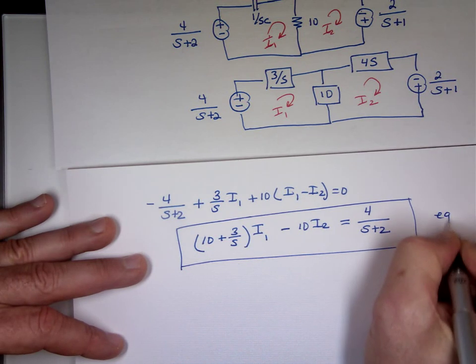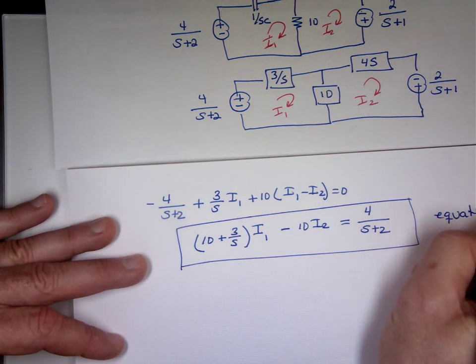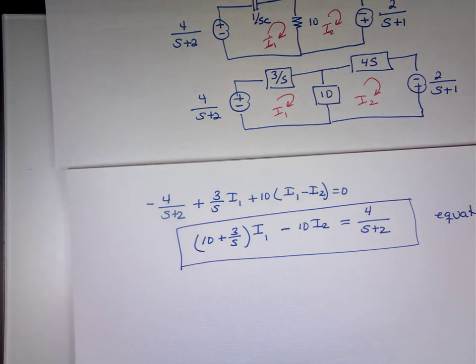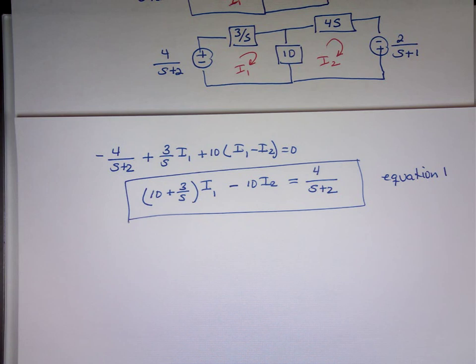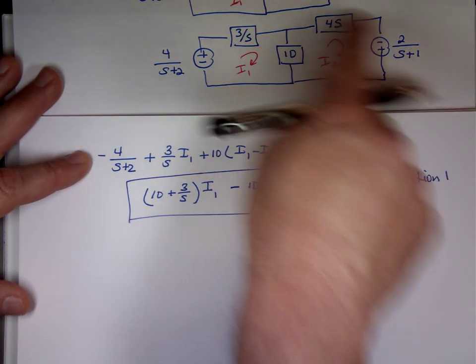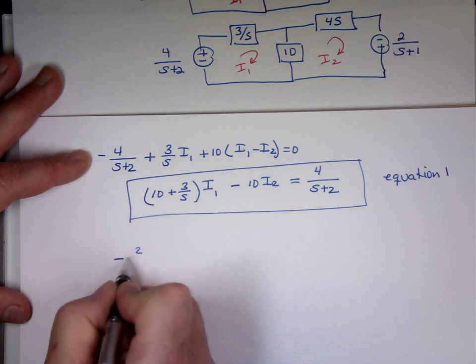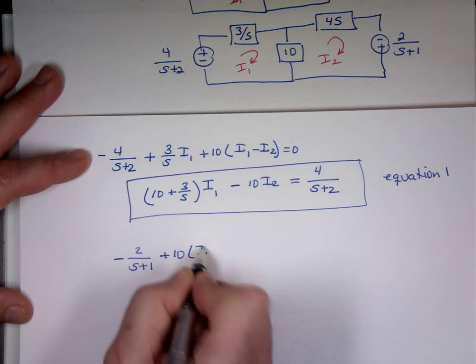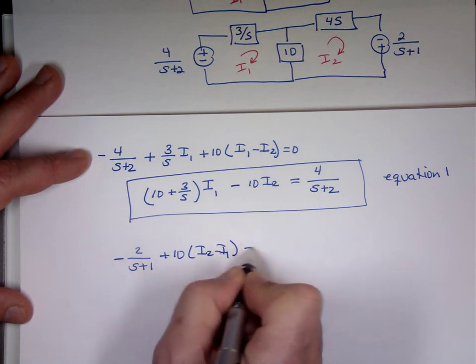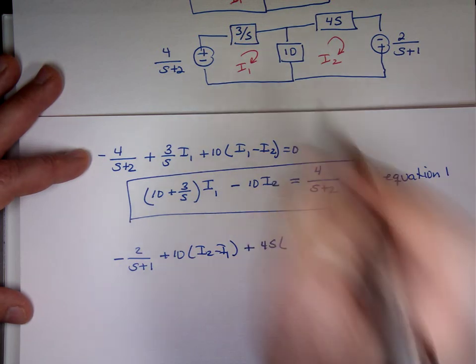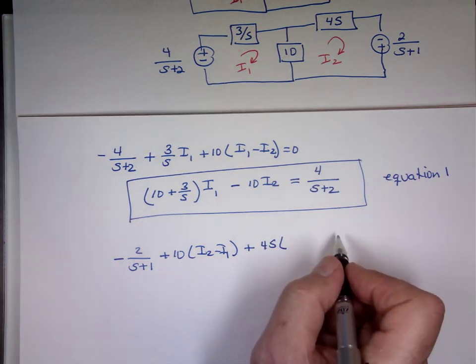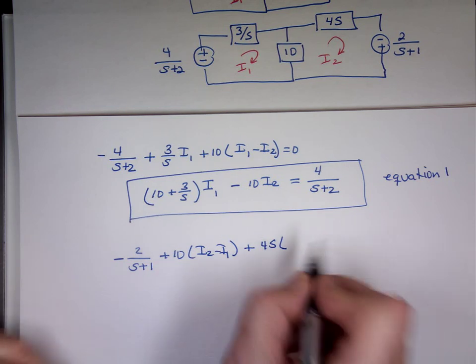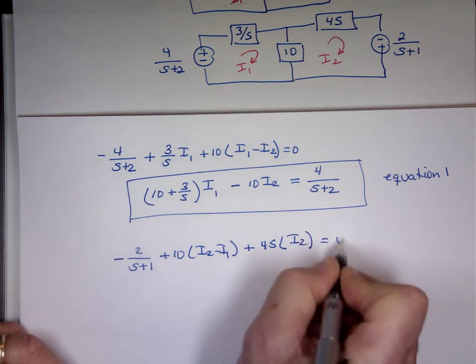That's equation 1. You can plug in S at the end and see what the calculator will do. I didn't try it on my calculator yet. Second equation right here: negative 2 over S plus 1, plus 10 times I sub 2 minus I sub 1, plus 4S times I sub 2 is equal to 0.